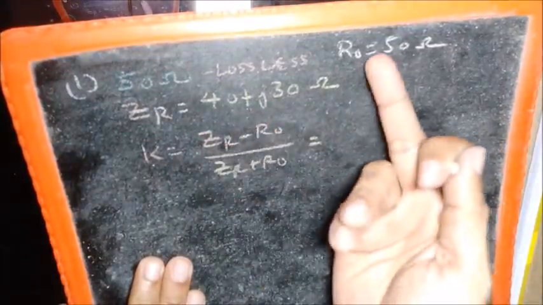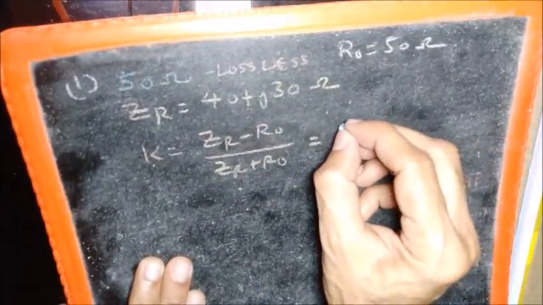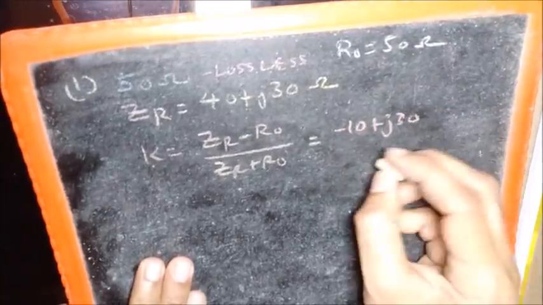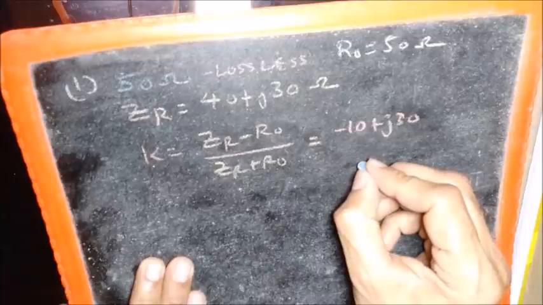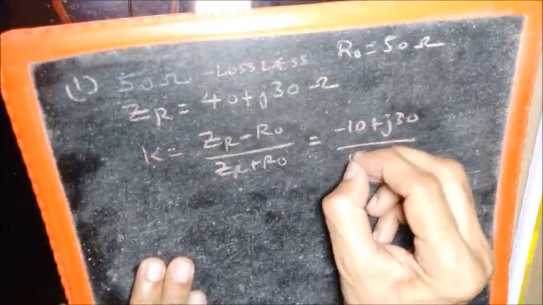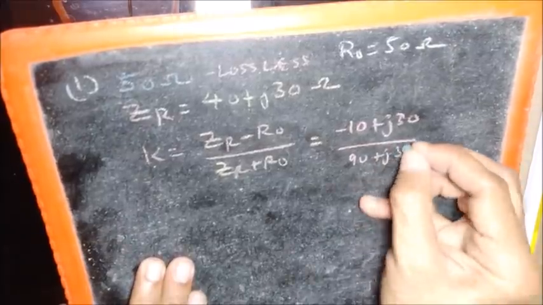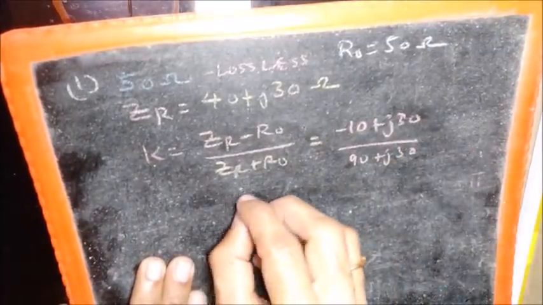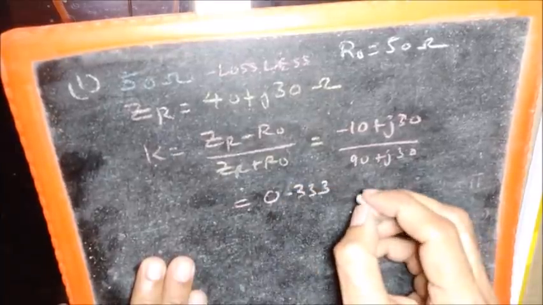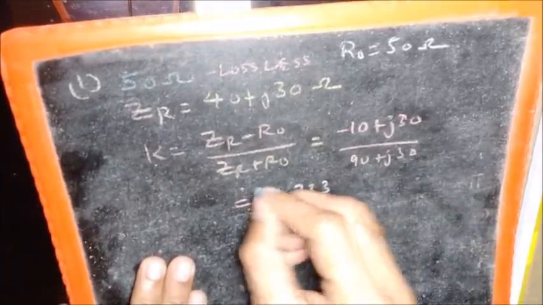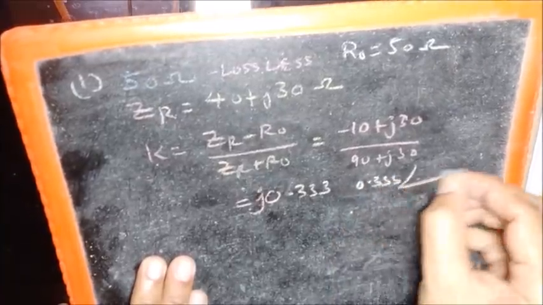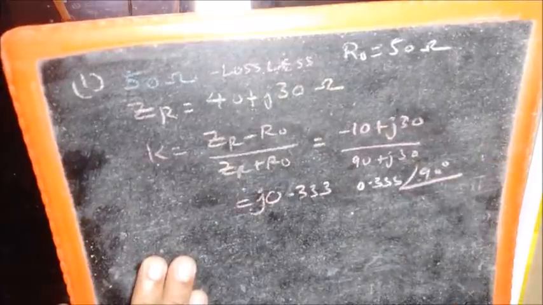ZR minus R naught will give minus 10 plus j30, divided by ZR plus R naught, which will give 90 plus j30. You can calculate this and get the answer as 0.333j, or you can express it as 0.333 at 90 degrees.